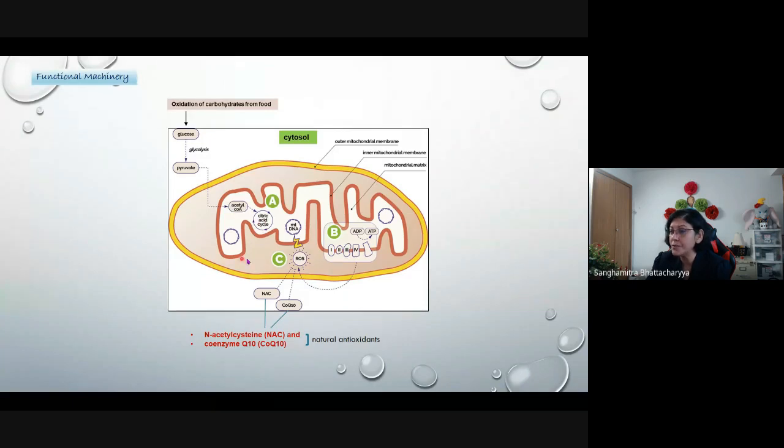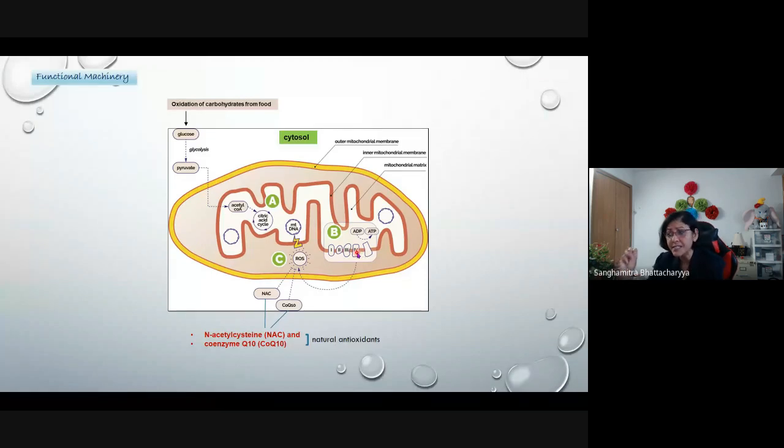Now, this brown structure is the inner mitochondrial membrane, and located on it are four complexes, 1, 2, 3, 4, you see it over here, and these are important components of the electron transport chain. These four complexes together create a proton gradient across the inner mitochondrial membrane, enabling the ATP synthase, the most important component in ATP production, through oxidative phosphorylation.